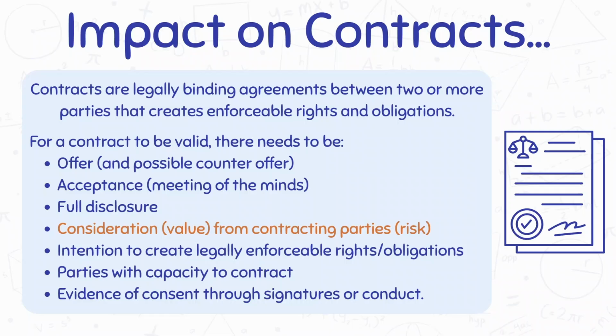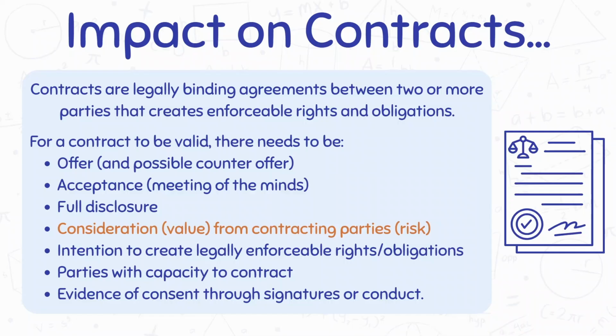Then there is intention to create legally enforceable rights and obligations. Then you need to have parties that actually have capacity to enter into contracts, so being of legal age and competent. And lastly, you need evidence of consent through the signatures of the parties or through the conduct of the parties themselves.